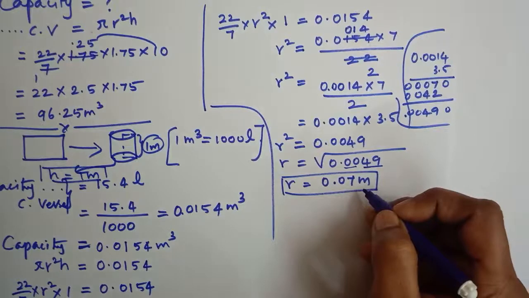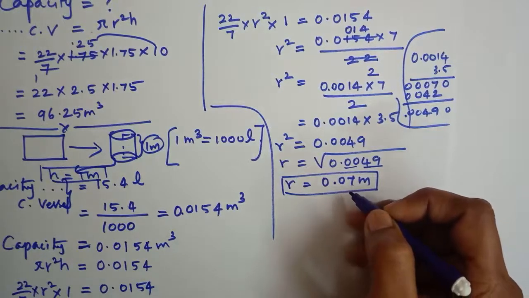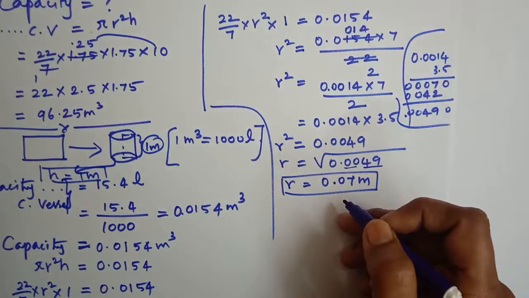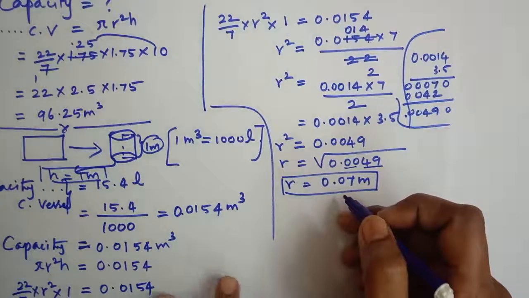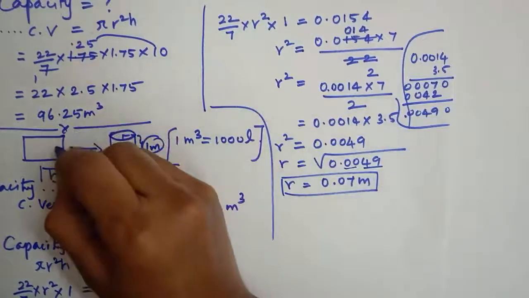Is it clear? Then students listen. How many square meters of metal sheet would be needed to make it? We have to find the surface area of the metal sheet.